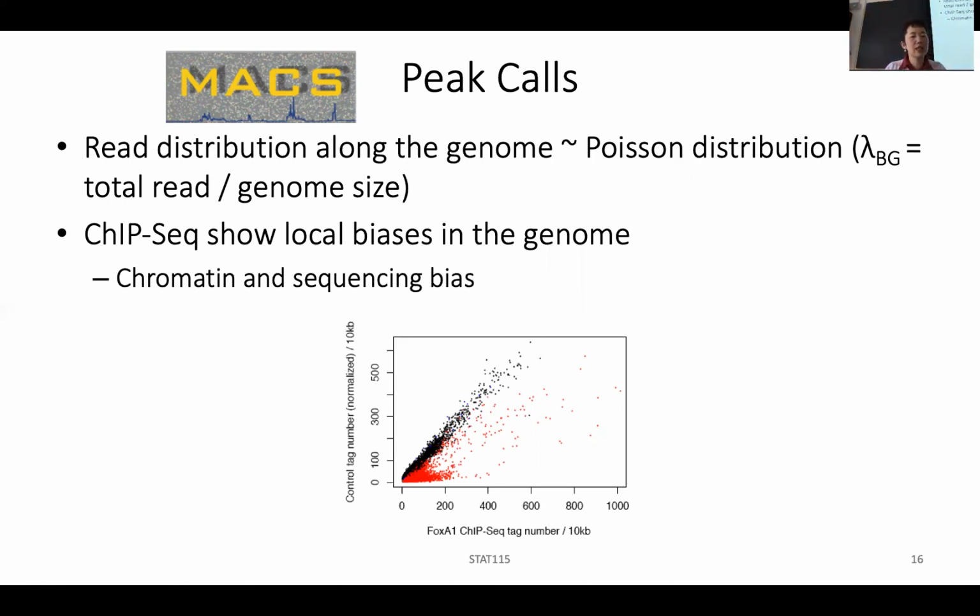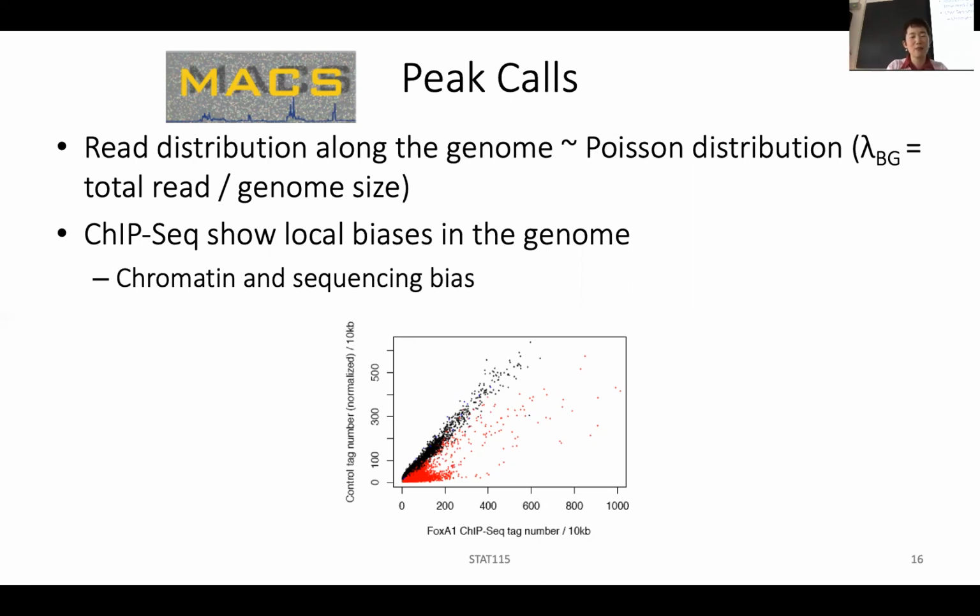They already noticed that certain regions are easier to sequence than others, for example, GC content. But once you do ChIP-seq, remember we first cross-link, then we sonicate. We start to notice that in the genome, there are some regions that are more exposed. You can imagine a human genome is like a twisted up rubber band. And some regions are more open, and those regions you can sequence easily.